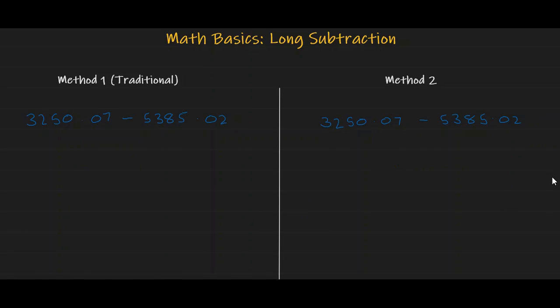Now let's look at our last example of the video. In this example, we also have a 6-digit number with a decimal point, but we are subtracting a larger number from a smaller number. Now the way you do this would be a little bit tricky, because if you do it the traditional way, how we did the previous 3 examples by writing the first number on top, the second number on the bottom, you will not get the answer.